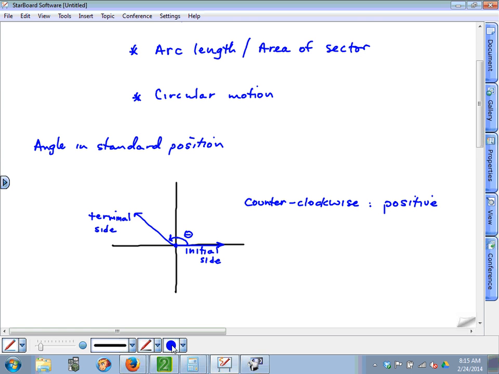We can also measure this exact same angle starting at the initial side and going clockwise. So that would give you a negative angle measure. So for every angle in standard position, there's two ways you can measure it. Counterclockwise would give you a positive. Clockwise would give you a negative.